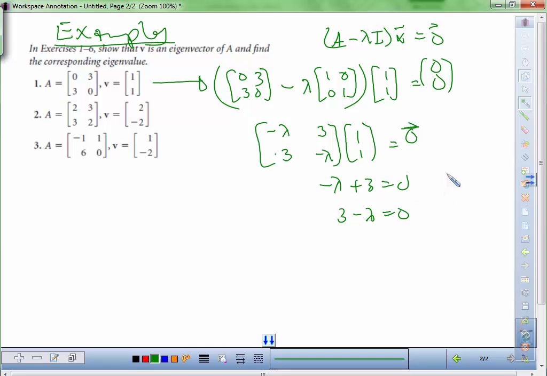So lambda is equal to what? Positive 3, negative 3? Positive 3. So that's our corresponding eigenvalue. So you got the eigenvalue, and then paired up with the eigenvector.